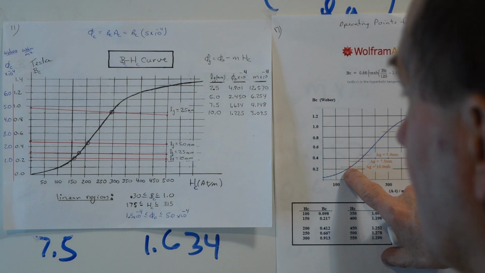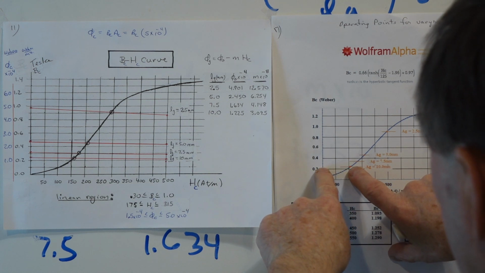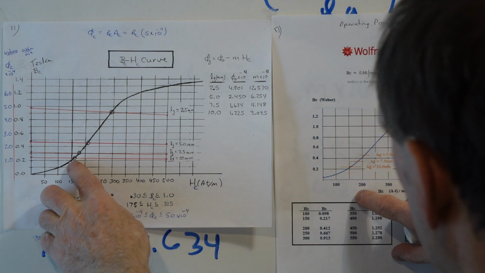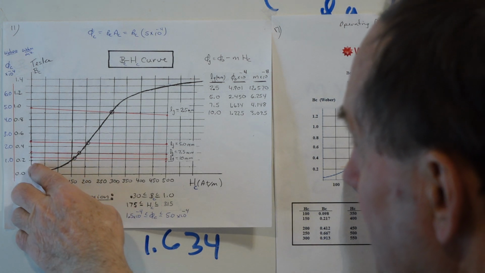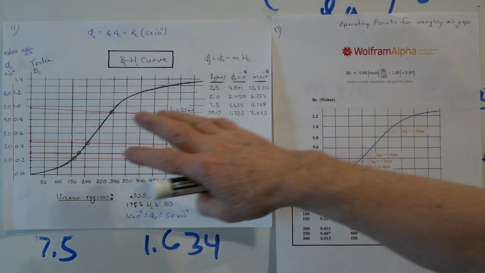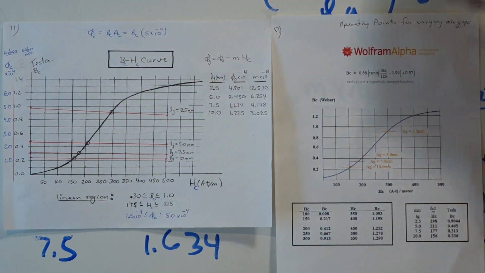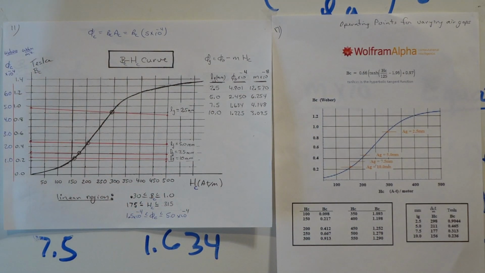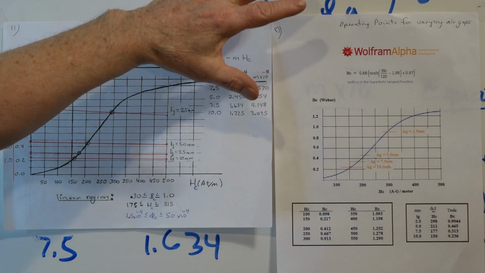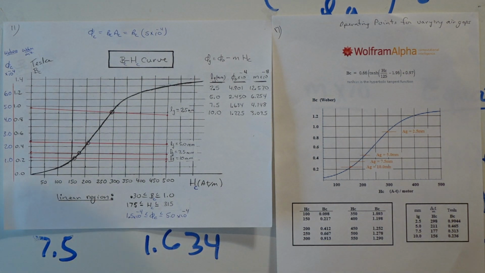Here we're at a little over 150, and we're reading about 2.5 there. So we see that they agree quite accurately, whether you solve it graphically or figure out an equation for the H field in the core, how it's related to the B field.